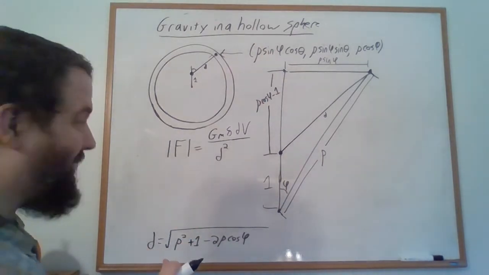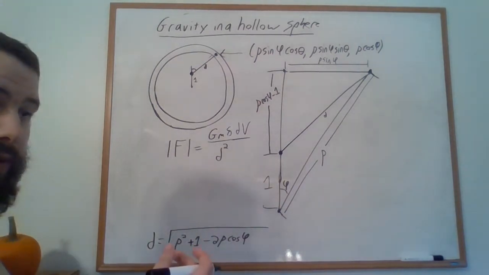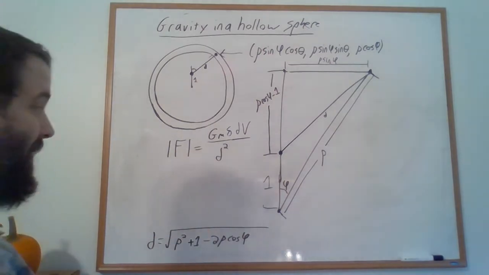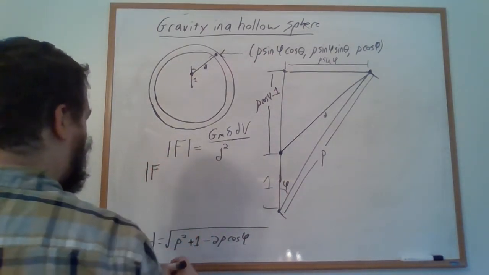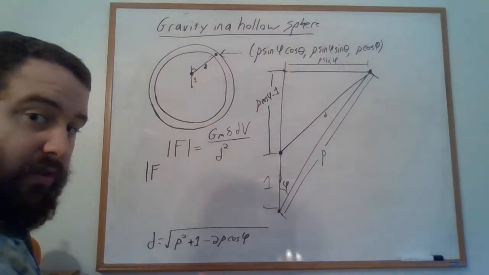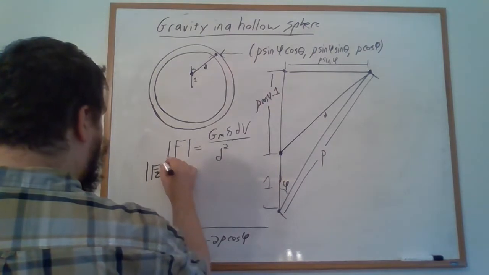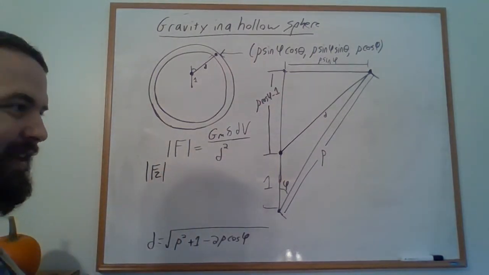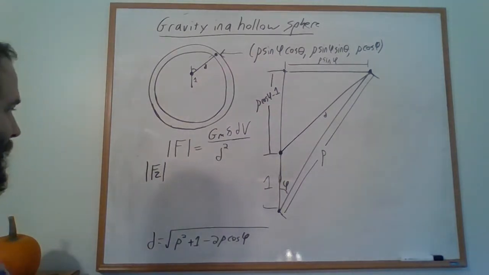But not quite. Remember that we're not interested in integrating the magnitude of the force. We're interested in integrating the z component of the force, which I'm going to write as f, just so that it's clear that we're not taking the partial derivative with respect to z. I'm going to write it as fz, which I don't know if that makes things better or worse. The notation in Calc 3 is a little bit inconsistent from source to source.